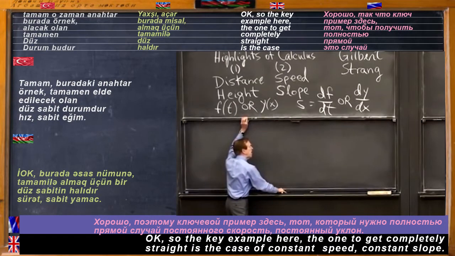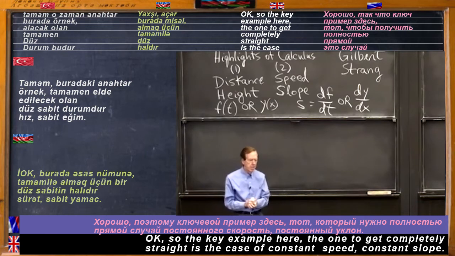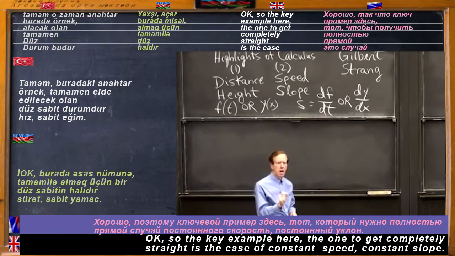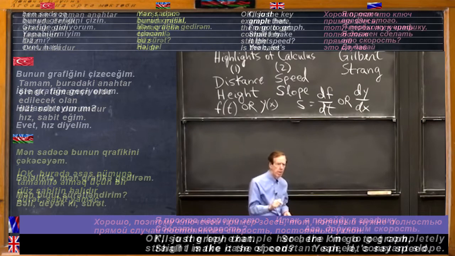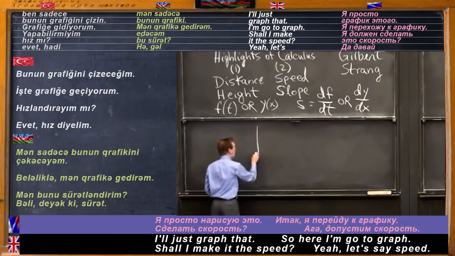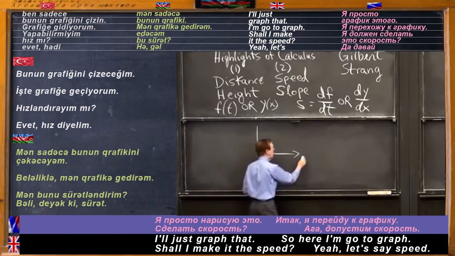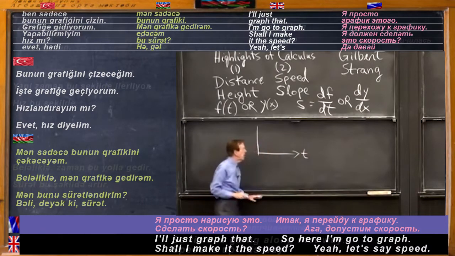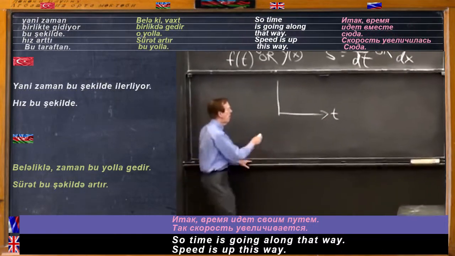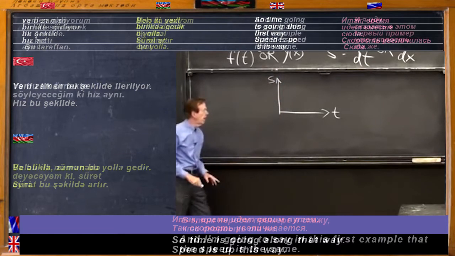So the key example here, the one to get completely straight, is the case of constant speed, constant slope. I'll just graph that. So here I'm going to graph the speed. Time is going along that way, speed is up this way.